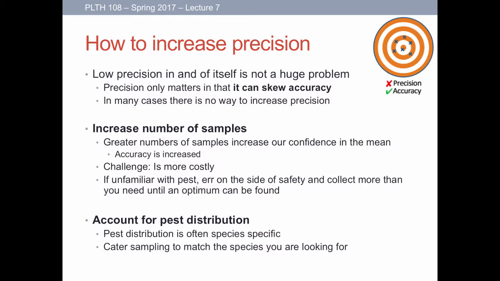If you know that the species is going to clump, try and set up sampling techniques that account for clumping, right? So basically, cater it to the species you're looking for. And as we went through in lab last week, the nice thing is that oftentimes, if you're unfamiliar with the pest, the UC has a lot of background information on what you can expect to find in the field.